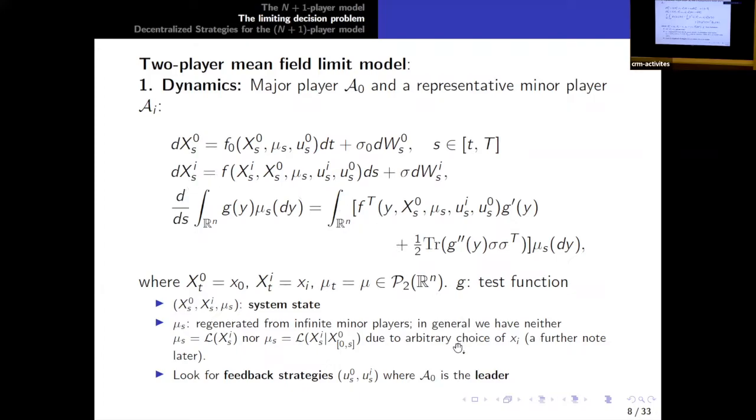The reason is that we can assign arbitrary initial conditions to this minor player, and this mu s can be arbitrary, so they can be kind of independent. For this reason, we do not take this mu s as the conditional law.